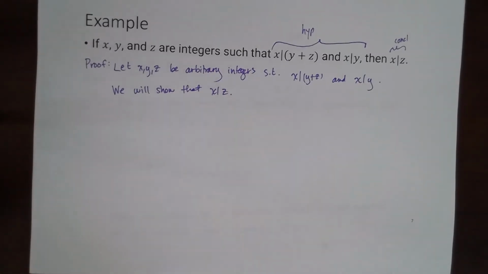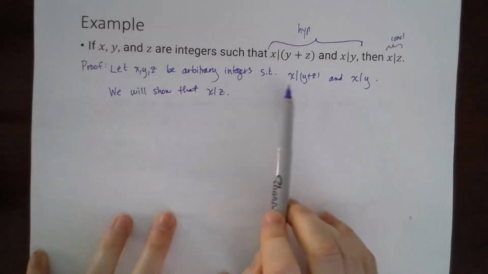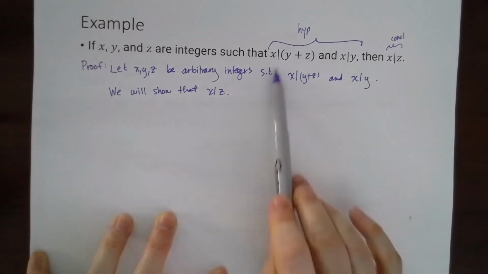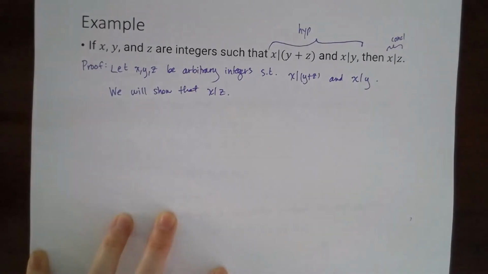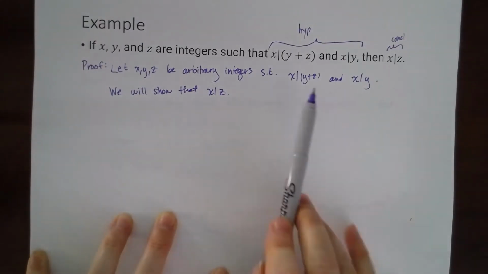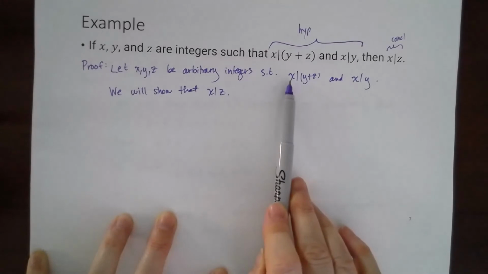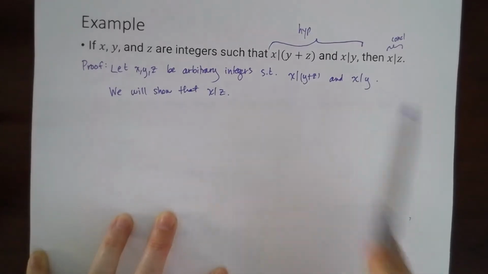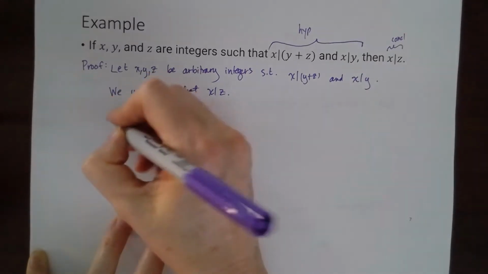All right, so that's our general setup. Assume the hypothesis, say what we're going to show. Okay, and then we go to anything in the hypothesis and ask, how can we apply theorems or definitions to that? Well, we know that x divides y plus z. We know x divides y. We have definitions for that, so we should be able to apply the definition to those and rewrite them in a certain way.